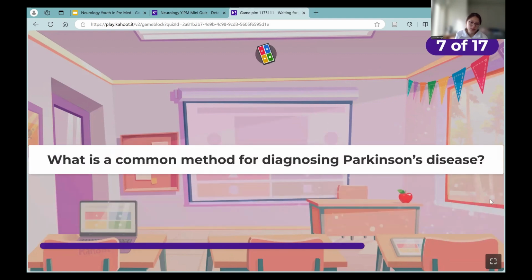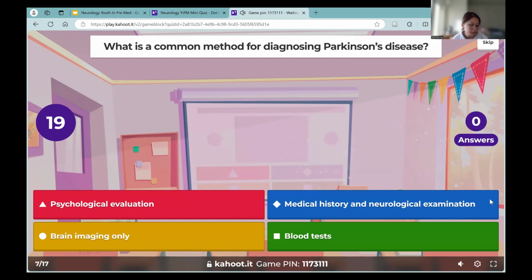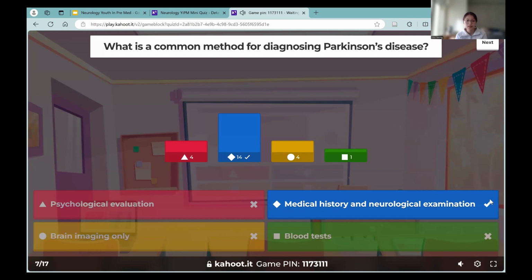And what is a common method for diagnosing Parkinson's disease? Yeah. So usually we use medical history and neurological examination. A lot of times, when you're diagnosing a disease, you consider multiple factors just to confirm.